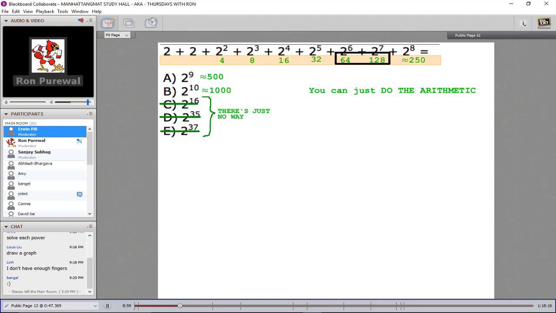And then the rest of these are really small numbers. So about 250 plus about 200 plus a bunch of small numbers. It's definitely not going to be anywhere close to 1,000. So we're done.